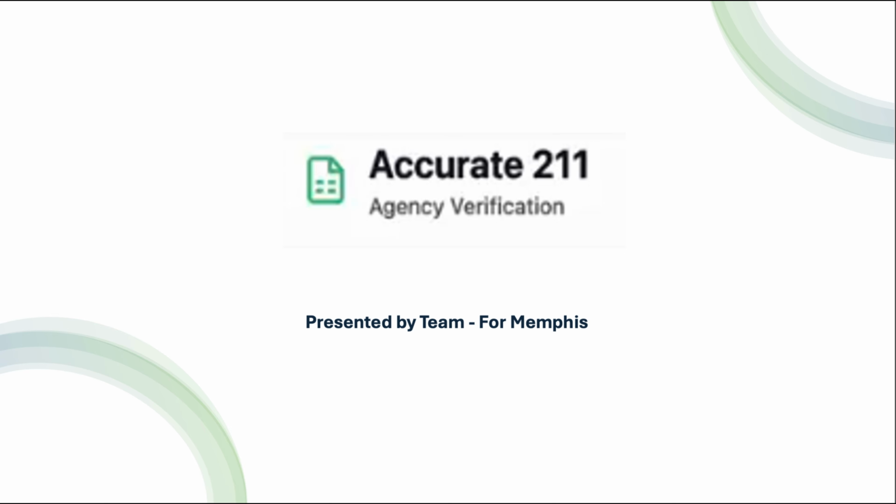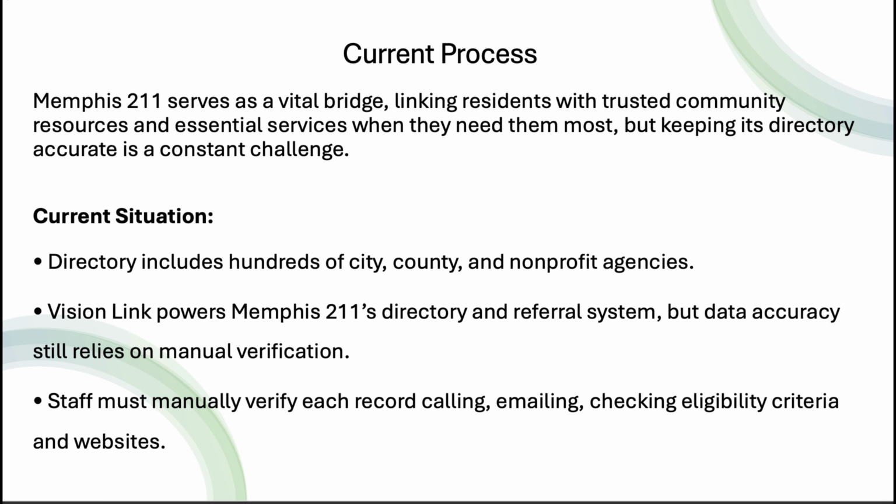So this is the current process. 211 currently is a bridge between the citizens, the residents, and the resources. But the bridge is really built on constant data maintenance. And the current directory includes thousands of agencies, counties, and nonprofits.